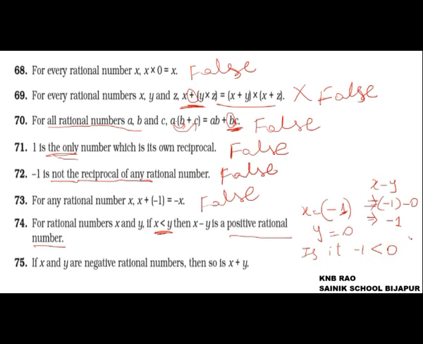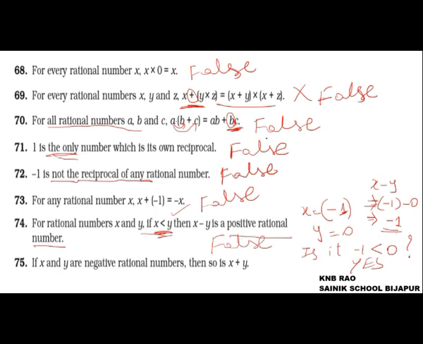Yes or no? Minus 1 is less than 0. It is true. That means the first condition is satisfied. What about the next condition? x minus y, minus 1 minus 0 gives minus 1. Is it positive? No. So it is false.